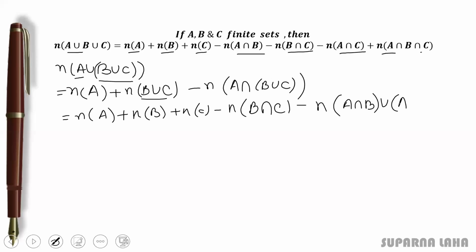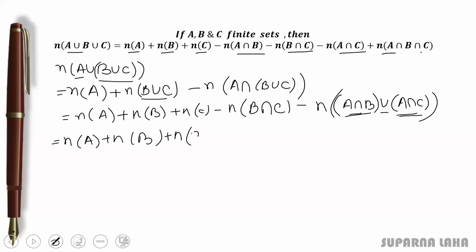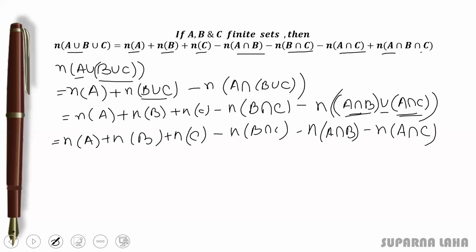union A intersection C. Now again we have an A union B type of expression, so we can apply this formula for the number of elements in X union Y. If we take this one as X and this one as Y, again we can write the number of elements in A plus B plus C, minus the number of elements in B intersection C, minus A intersection B, minus A intersection C, and then take their intersection.